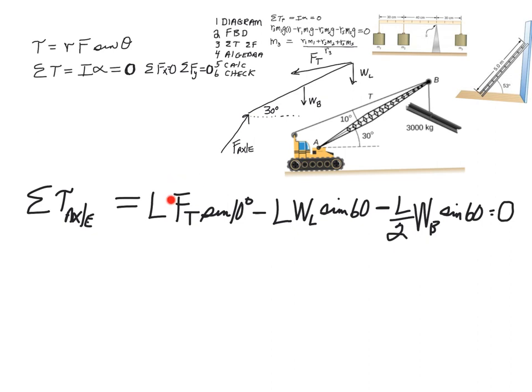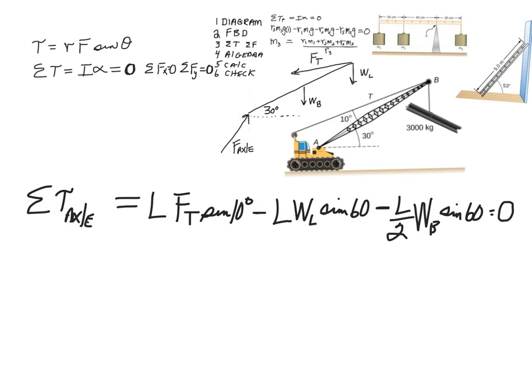So I'm going to let you do the algebra. You need to solve for Ft. I think you can handle that. And then once that's done, you need to find the force at the axle. You're going to have to do that in two parts because it has an x part and a y part.